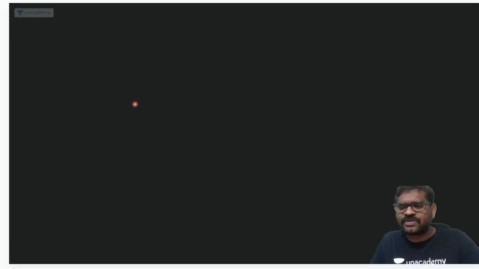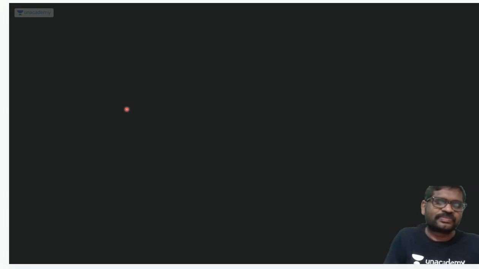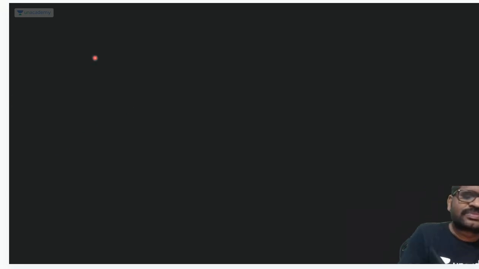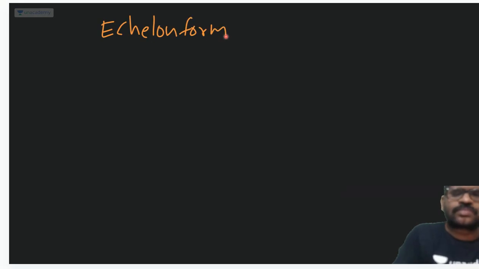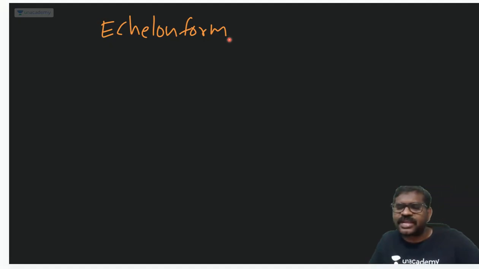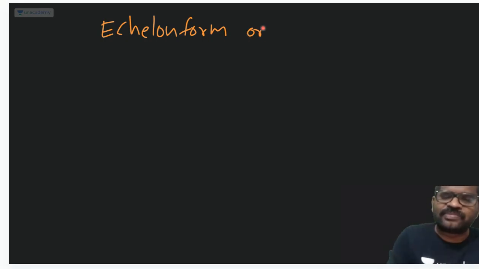Just note down, after that I'll explain. I said the minor approach is not preferable for higher order, not for 3 cross 3. You can use it for 3 cross 3, no problem. Echelon form or triangular form.